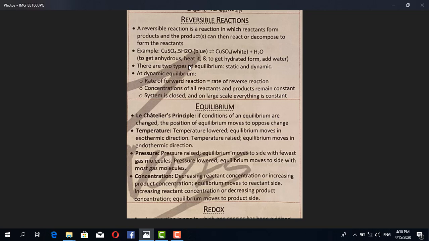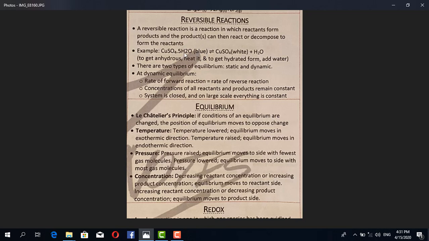But there are some reactions that we can't take back, so we call them irreversible. Like when we burn something, combustion is an irreversible reaction and we can't take it back. A reversible reaction is a reaction in which reactants form products and products can then react or decompose to form reactants. For example, we've got copper sulfate with water, which is a hydrated form.